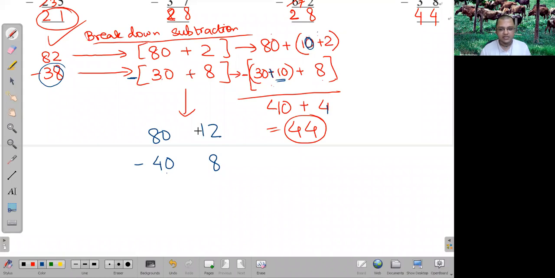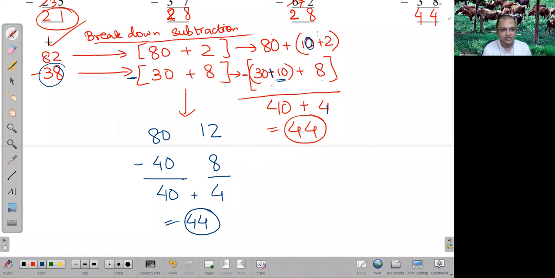One side plus 10, one side minus 10. Got the point? So what happens? This gives me 40. This gives me 4. Both are getting added. So finally that is 44. This is the mechanism behind the subtraction method. This is how subtraction works.